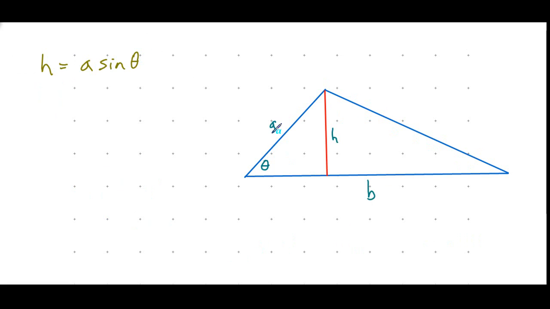So if I'm given a side, angle, side, meaning I know the two side lengths and the angle in between them, I'm able to isolate and find that h value to get the height. Putting that into the formula for the area of a triangle, 1/2 base times height, the formula now becomes 1/2 base times a sine of theta. So given any two side lengths with an angle in between, you are able to compute the area of that triangle using this formula.